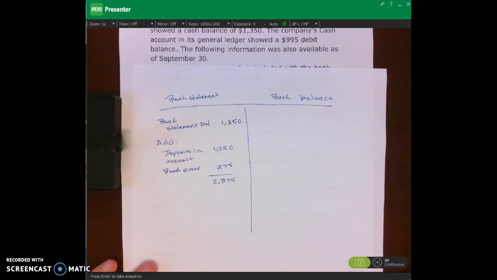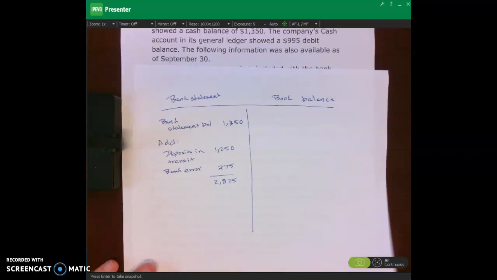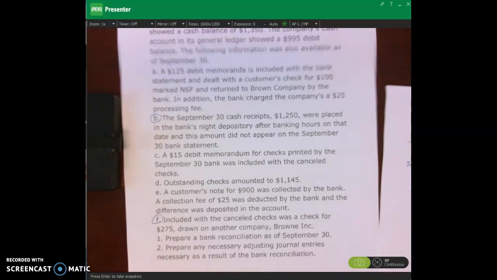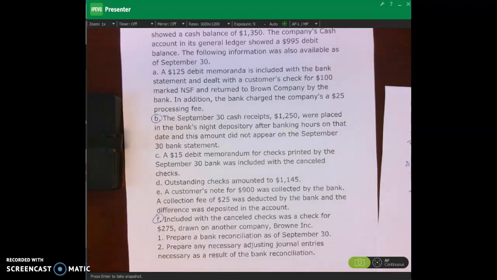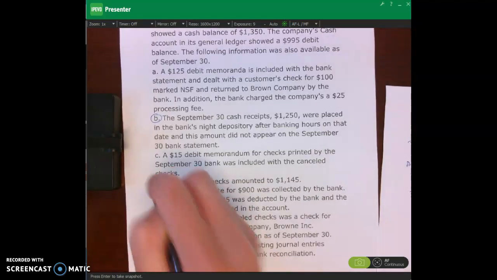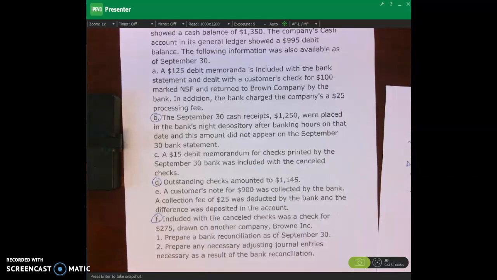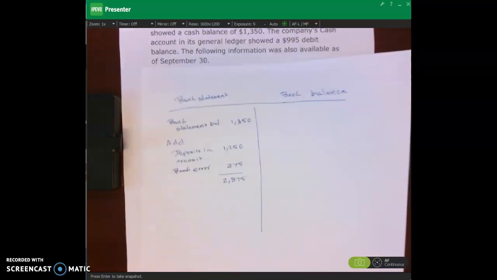And then what we do is we look at part 3 on page 161 and identify and list any outstanding checks and bank errors that overstate the bank balance and deduct those. So look through here, and then we do see we have some outstanding checks for $1,145 right over here. We don't have any bank errors that overstate our bank balance, so it's just those outstanding checks.